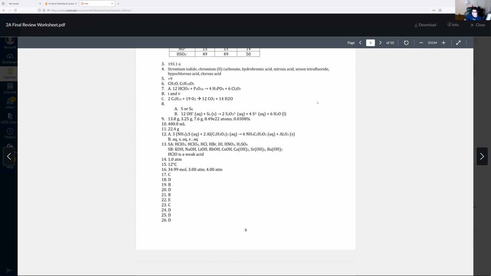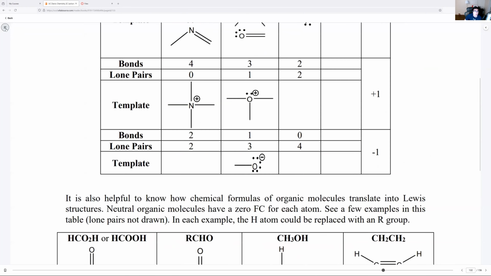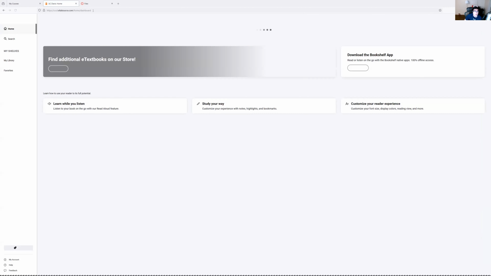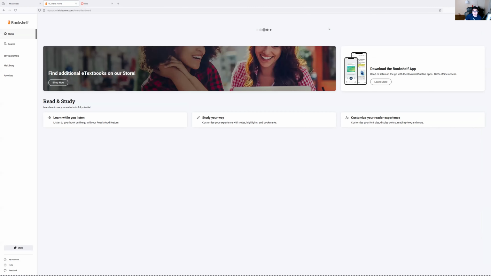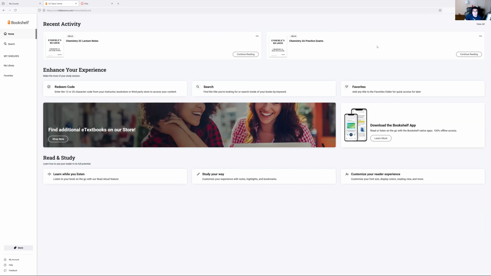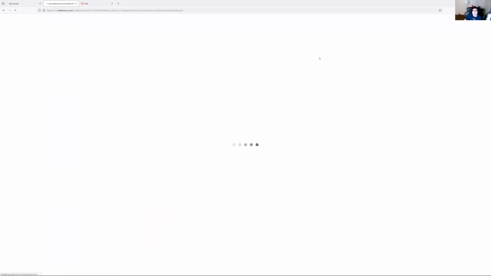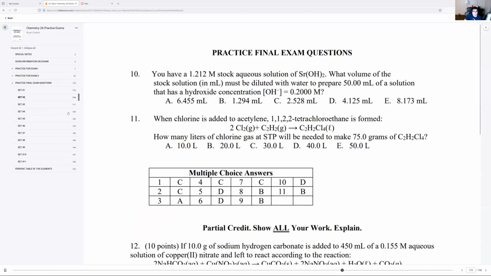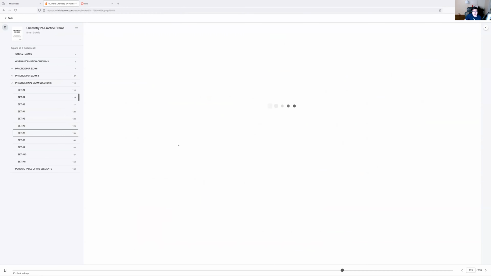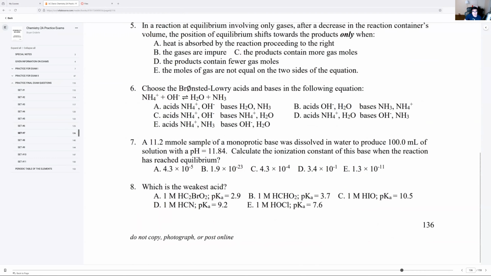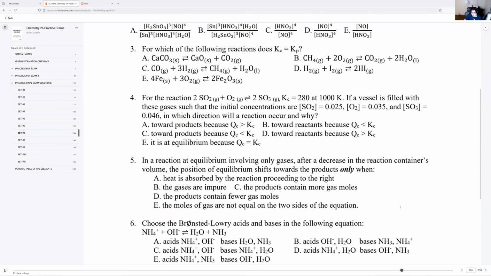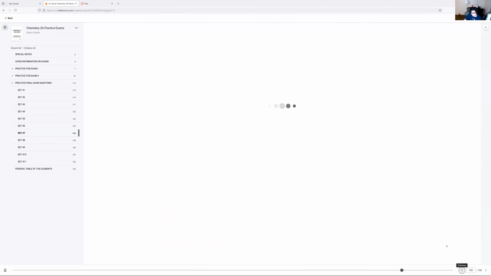Uh, Chemistry 2A practice exams. There's a wait. Isn't there a bunch? Which one? Which set is it? Oh, it's on page 132. And these are all sequential pages. Got it. So, oh wait, I'm going to go backwards from this. Okay.